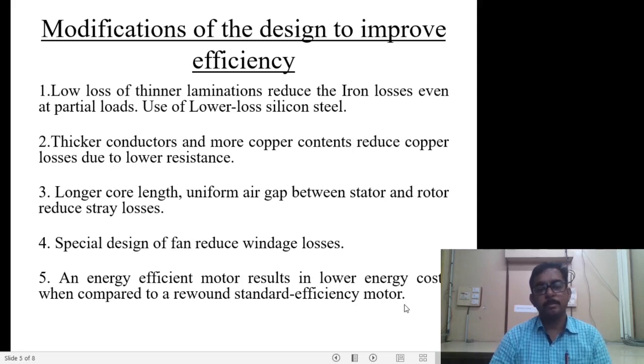So it is a very good concept that the energy efficient motor's cost is lower when compared with the rewound standard efficiency motor. So in that case you have to purchase this type of energy efficient motor to improve the overall efficiency.